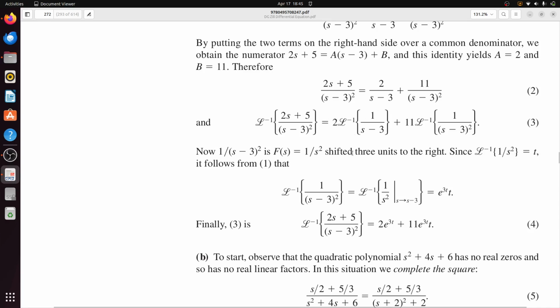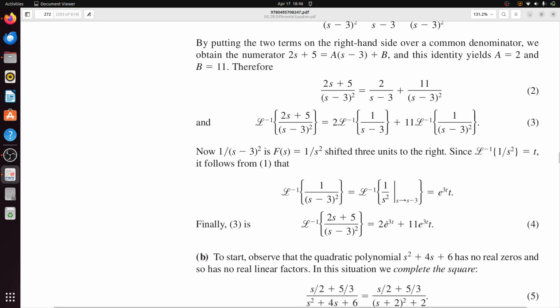So from the first part you get 2 into e to the power 3t, and from the second part you get e to the power 3t into t, because the inverse transformation of 1 by s square is t.